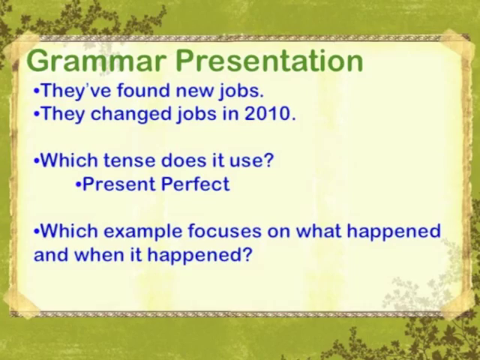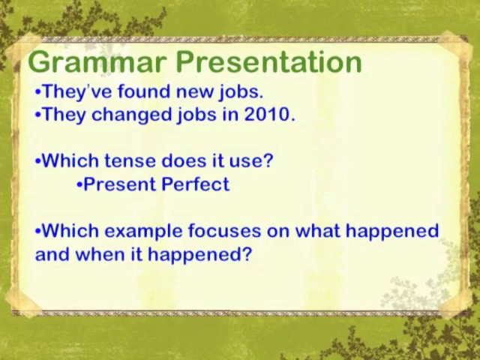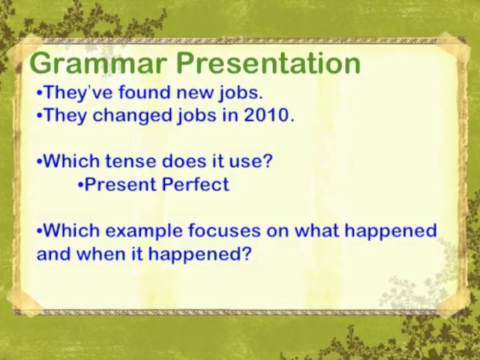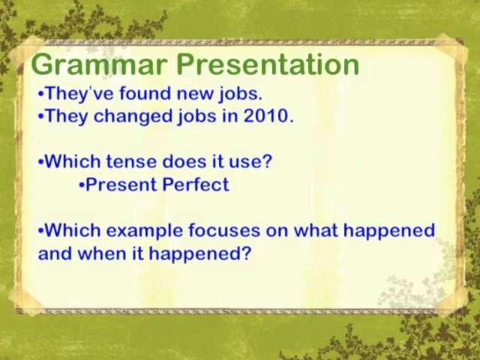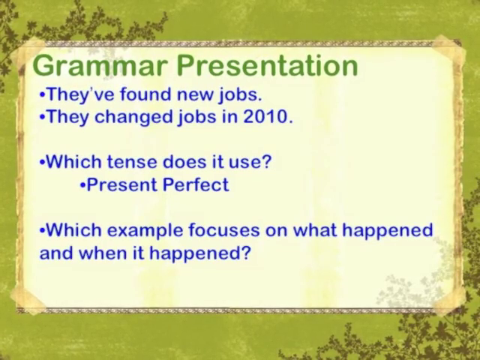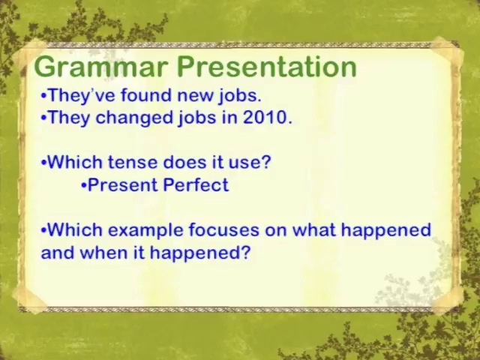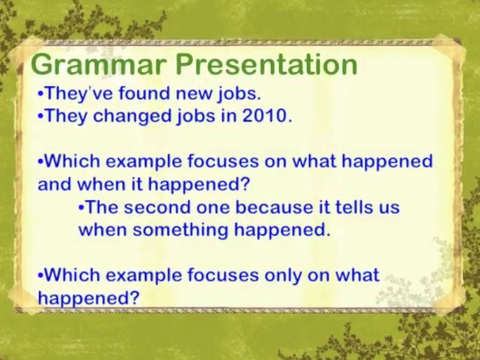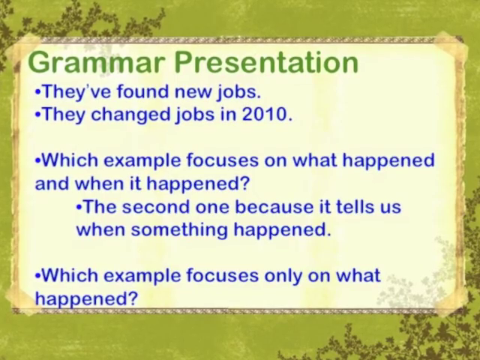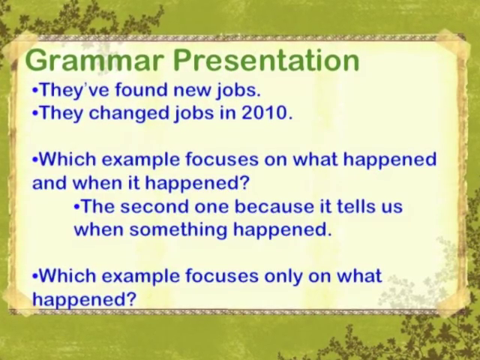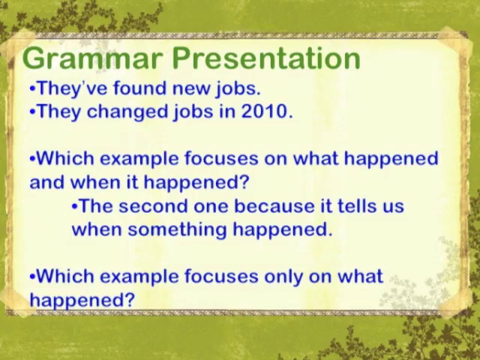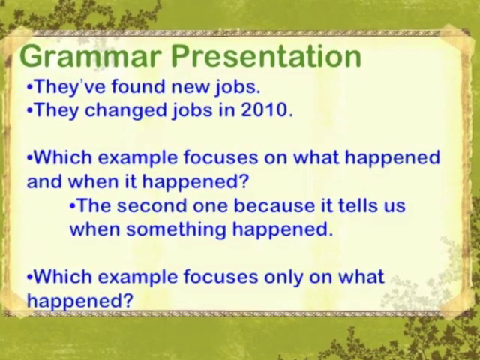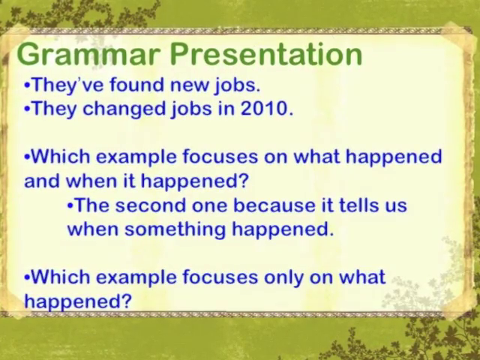Which example do you think focuses both on what happened and when it happened? Go ahead and pause and try to figure out which sentence that is. The second sentence explains both what happened and when it happened. We know when it happened because it includes the time phrase in 2010.